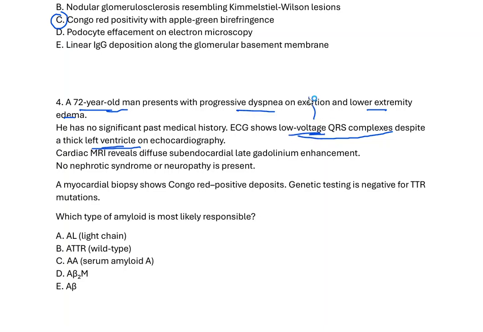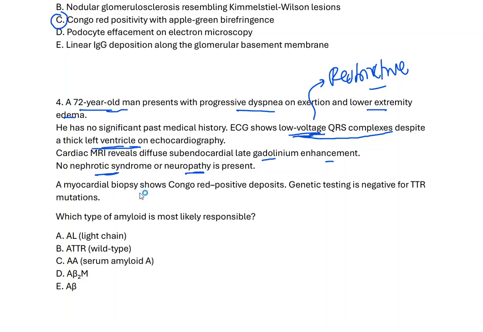This is suggestive of restrictive cardiomyopathy, because if this were high voltage with a very thick left ventricular wall, then that would be hypertrophic cardiomyopathy. The cardiac MRI reveals diffuse subendocardial late gadolinium enhancement, and no nephrotic syndrome, no neuropathy is present. So this patient has isolated cardiac amyloidosis.